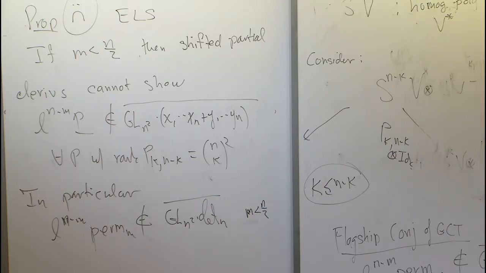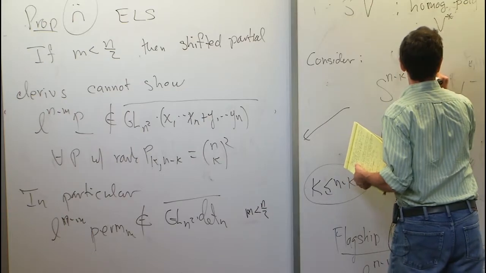Yeah, that's within that range. But I agree, the same proposition could be used to prove that you cannot separate the padded determinant from the padded permanent, but that's not our problem. We've got enough problems in our life. We don't need to add to them. So let me keep this on the board.